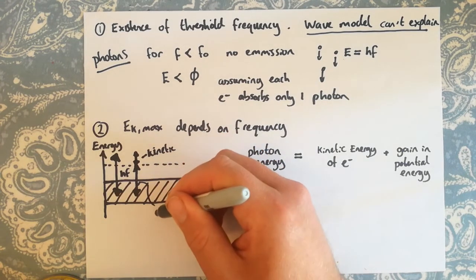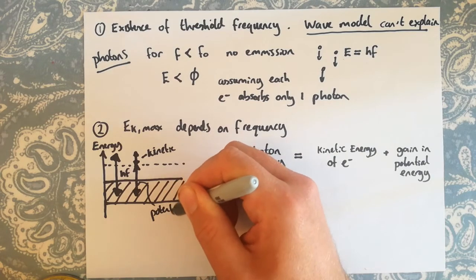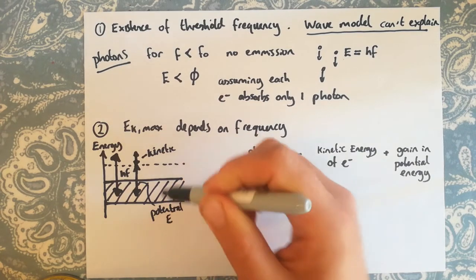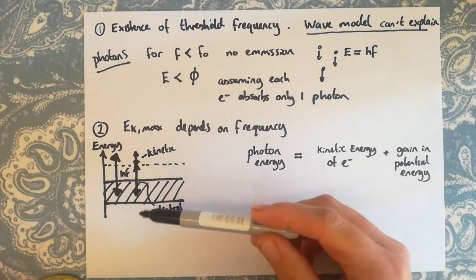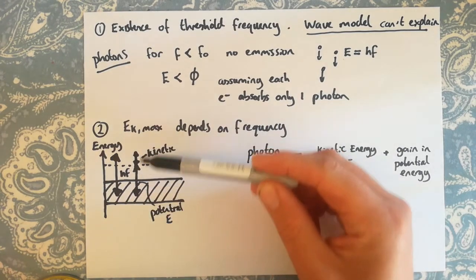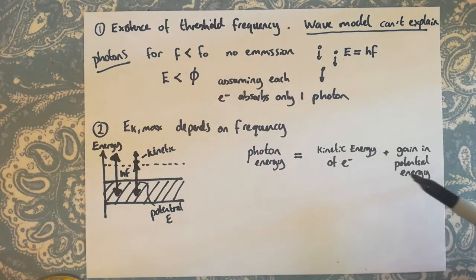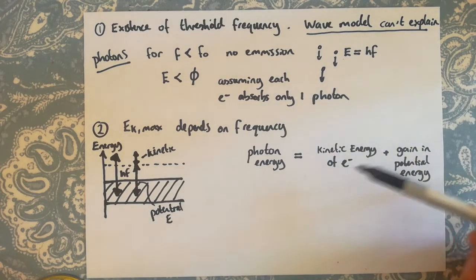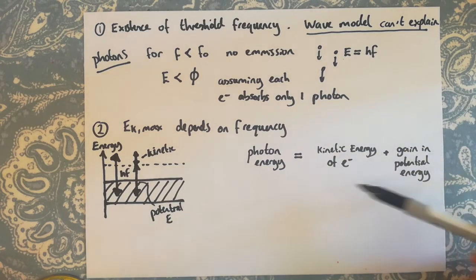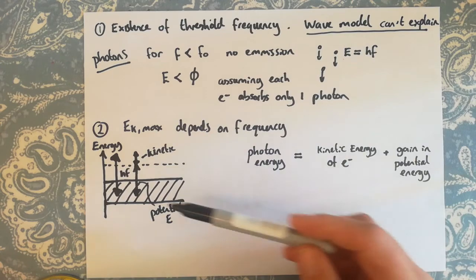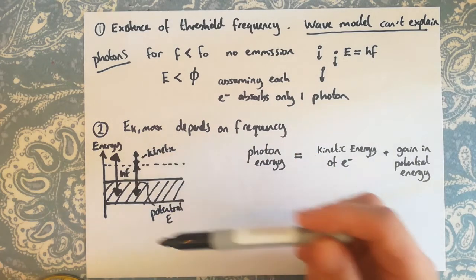Okay, so we've got potential energy and the kinetic energy. So that's just a graphic way of representing this equation. The electron that's escaped has increased its potential energy and its kinetic energy, and the sum of those two has to be equal to the photon energy.